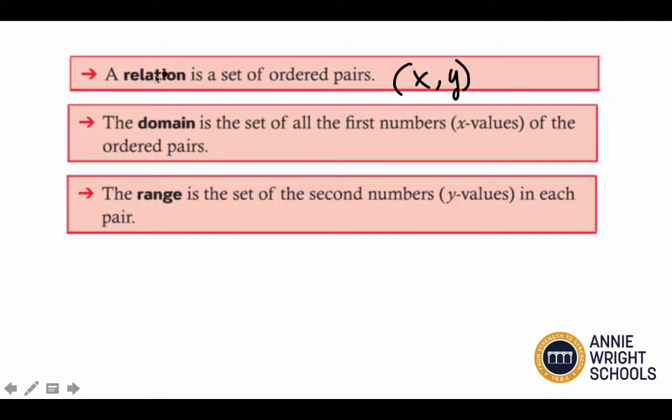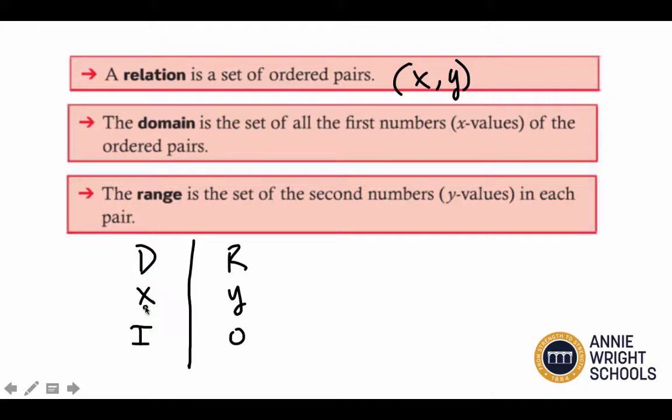When we talk about any relation, the domain is the set of all the first numbers or x values of the ordered pairs, and the range is the y values. So domain, range, x, y, input, output. Lots of ways to think about it. What's great is these are all kind of married together.